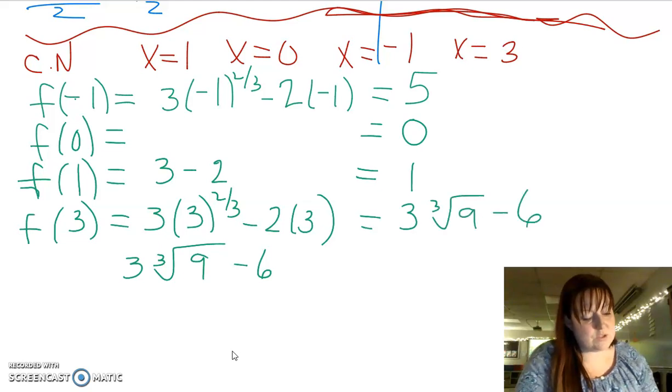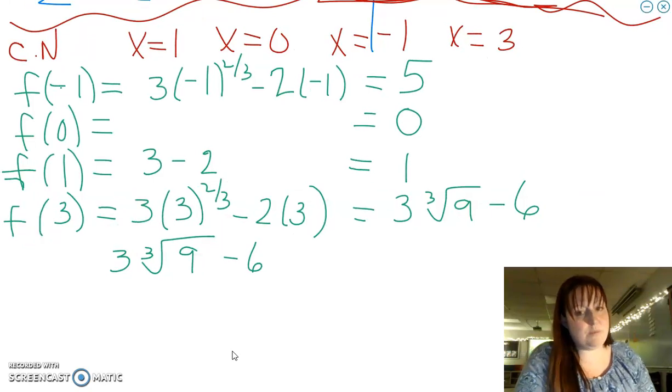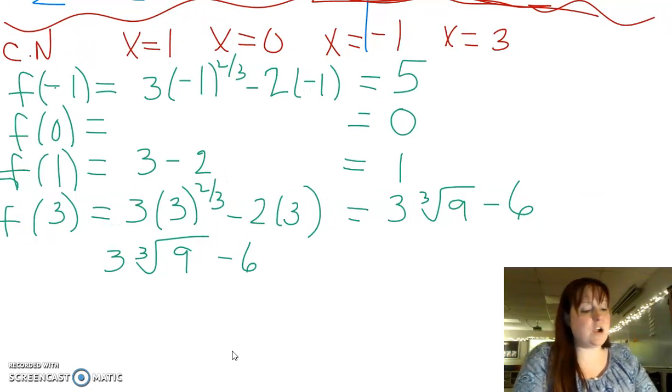Okay, so these are our 4 values. These are all of our candidates for max or min or for extrema: negative 1, 0, 1, and 3. And we see what their output is. This candidate puts out a 5. This one puts out a 0. This one puts out a 1. And this candidate puts out this.